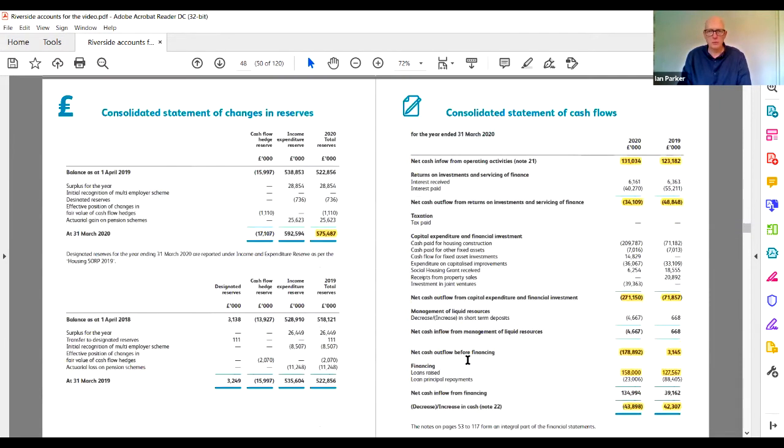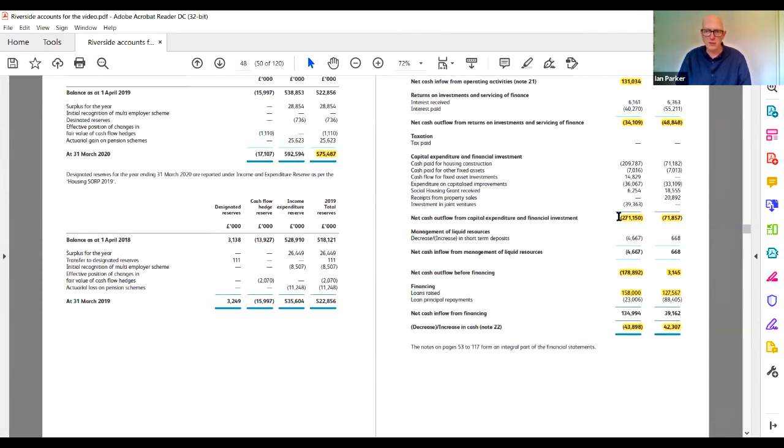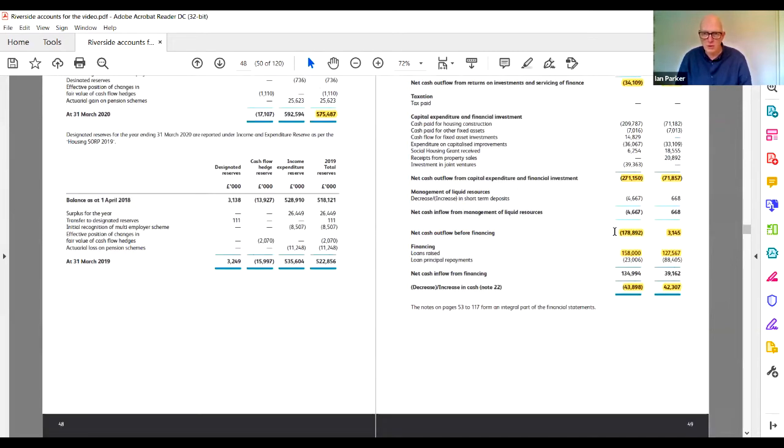Let's have a look at another key statement, which is the consolidated statement of cash flows. This shows the cash that's come into and out of the business. From the business, it's generated 131 million. Before you paid interest of 34 million, before you paid for capital expenditure of 271 million, and overall the cash outflow before financing is 179 million.